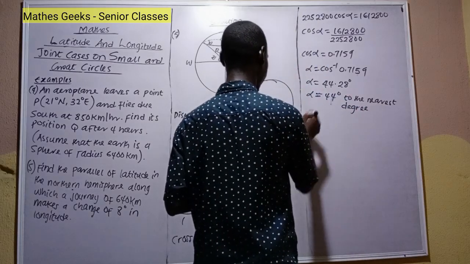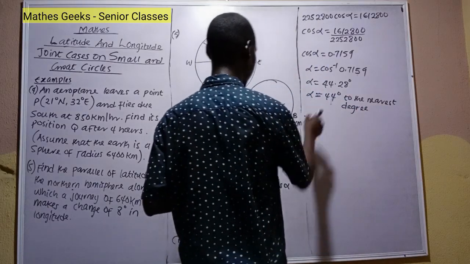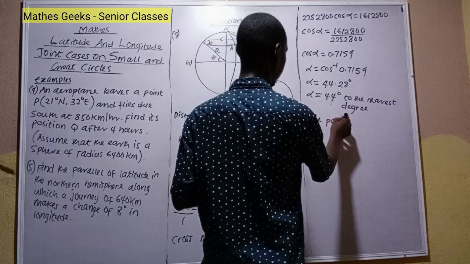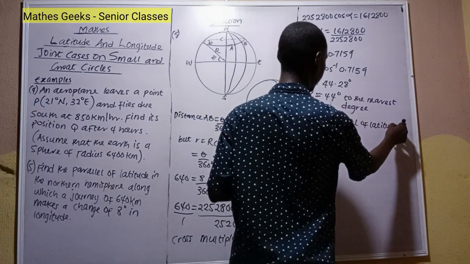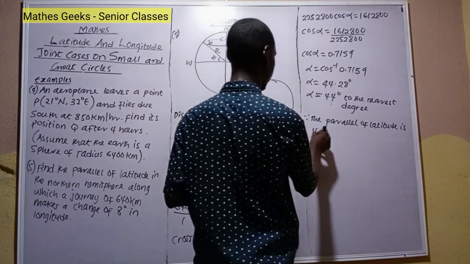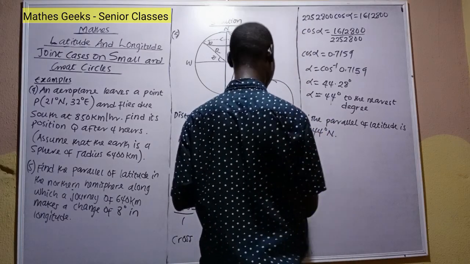So therefore, the parallel of latitude is 44 degrees north.